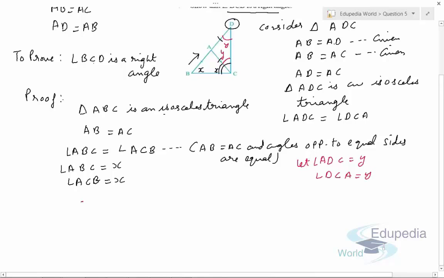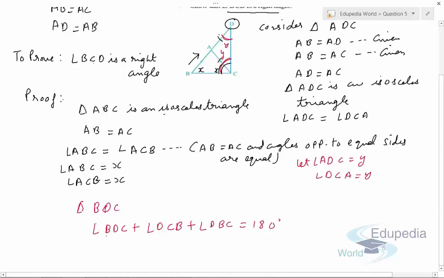If we consider triangle BDC, the sum of all the angles will be 180 degrees. So angle BDC plus angle DCB, this complete angle, plus angle DBC equals 180 degrees.